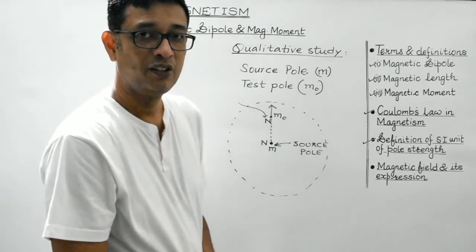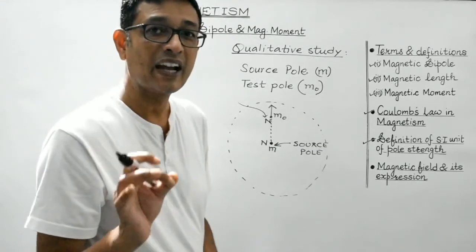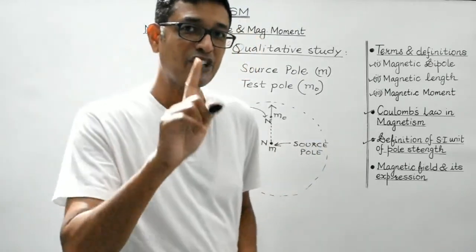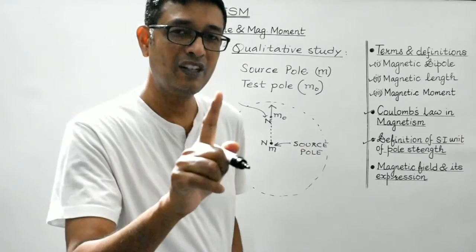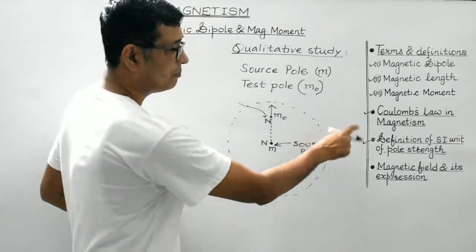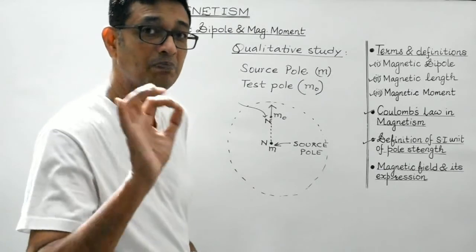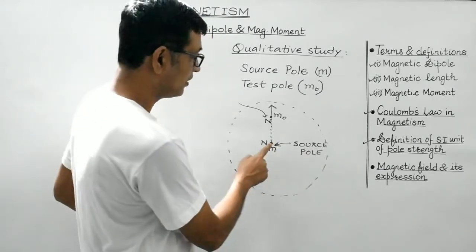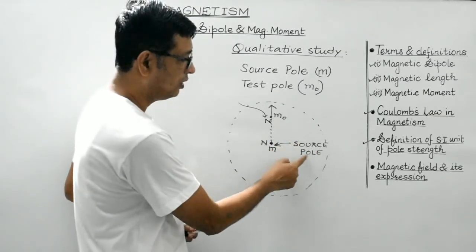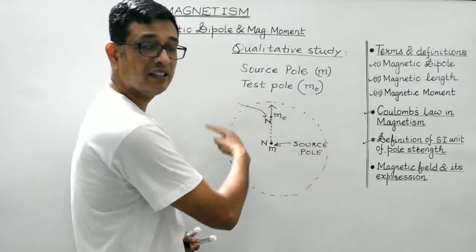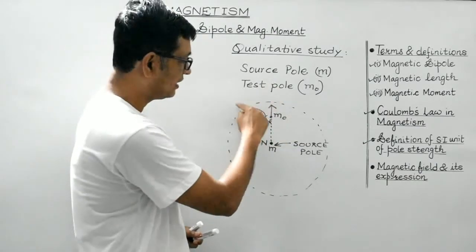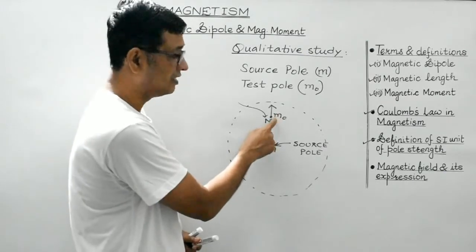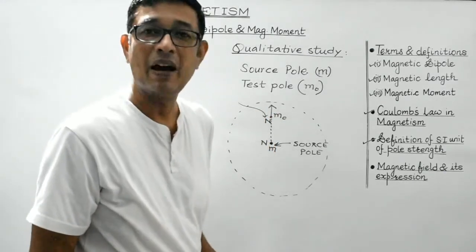Clear, students? So now we are in a position to define magnetic field qualitatively. Just as we have defined gravitational field and electric field, in a similar fashion we can define magnetic field. So students, magnetic field is the space property by virtue of which a source pole modifies its surroundings in such a manner that when a test pole is brought near its vicinity, then the test pole experiences a magnetic force.